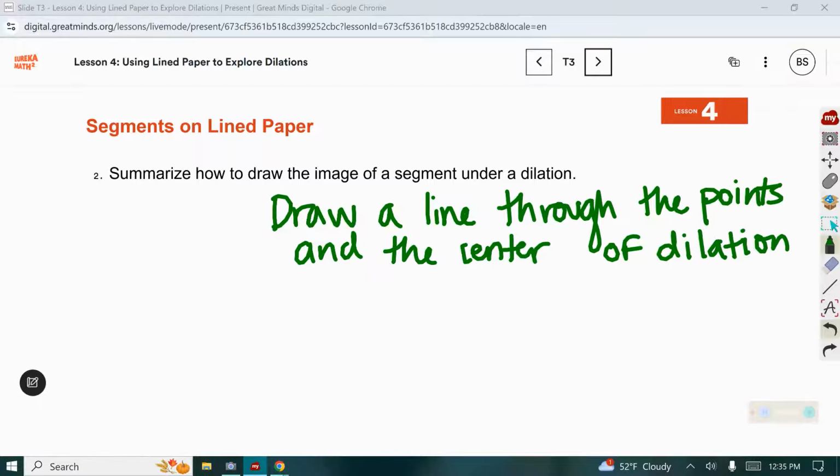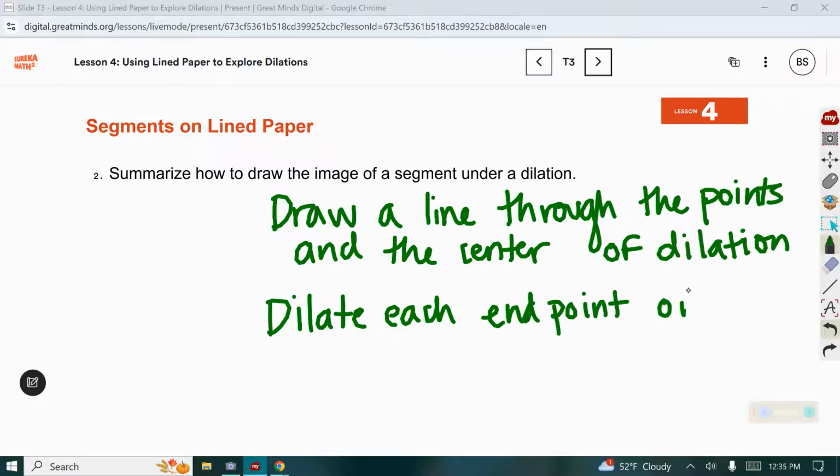Then we would dilate each endpoint of the segment, and then connect the images.